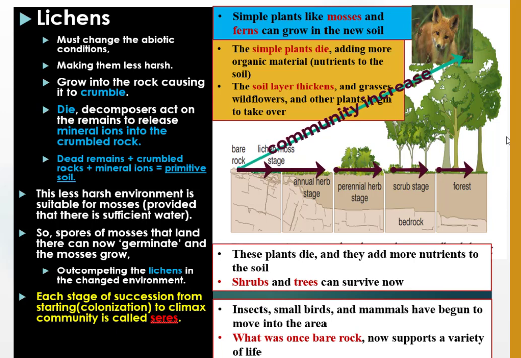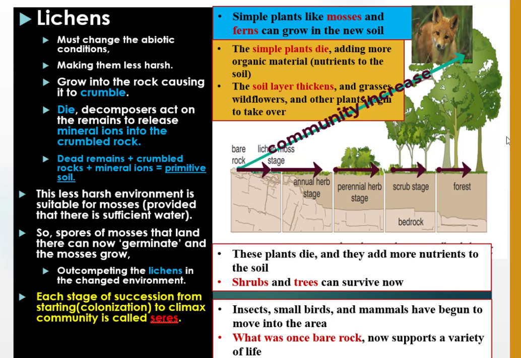That means lichens grow and make the abiotic conditions suitable for mosses. Mosses in turn modify the abiotic conditions, creating more chance for perennial herbs to grow and flourish. These perennial herbs in turn also change the abiotic conditions and make the ecosystem better for shrubs and forests.